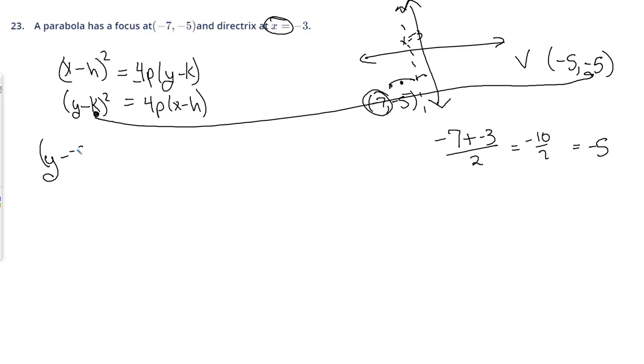That -5 squared is equal to 4p, which was negative, what was our p? Was our distance between our vertex and our focus? -2. X minus a -5. And so y plus 5 squared is equal to -8 x plus 5.